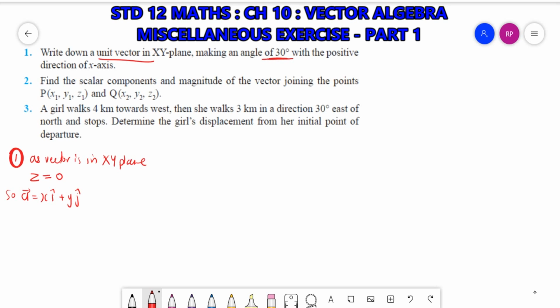So I can write x square plus y square will be equal to 1. That implies the square root of x square plus y square equals 1, because it is a unit vector.